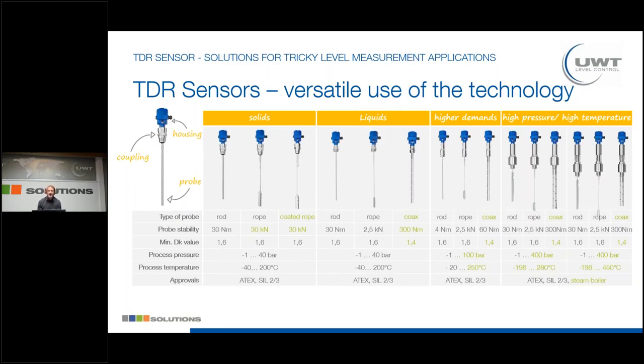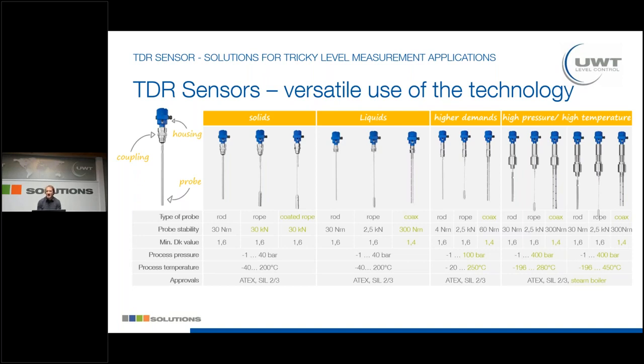They differ in some features, which I noted here in green. For solid applications, we have a coated rope, and they are built more robust so that they can withstand all the forces which are working on the probe.